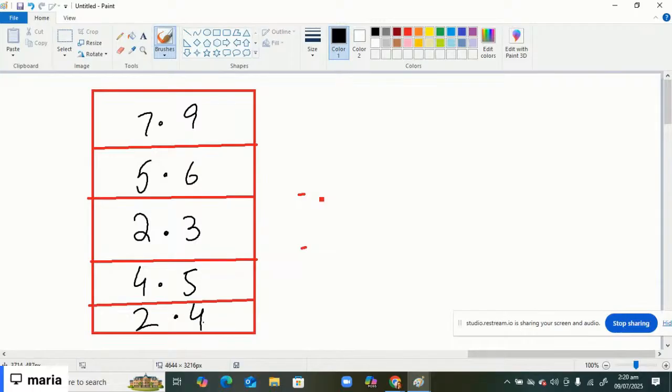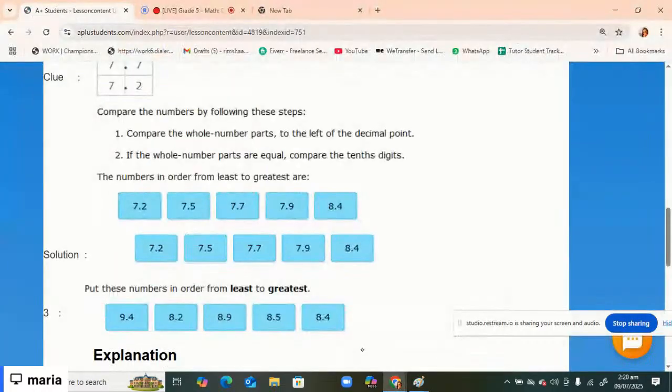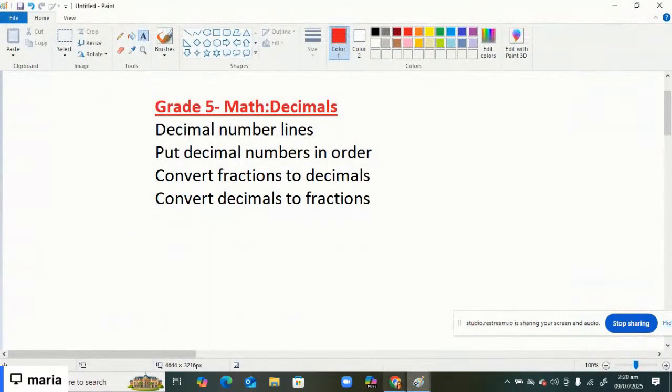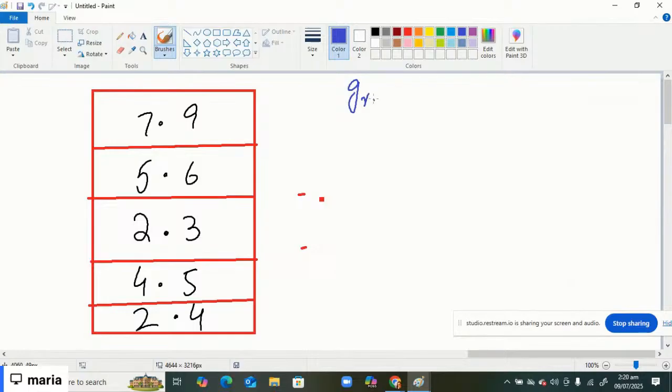So now let's write it, which one is greater or which one is less. Let's suppose I'm going to write it here, greater to smallest. Greatest to least.